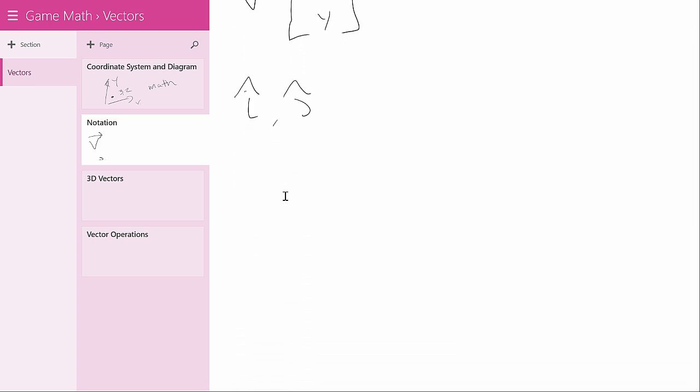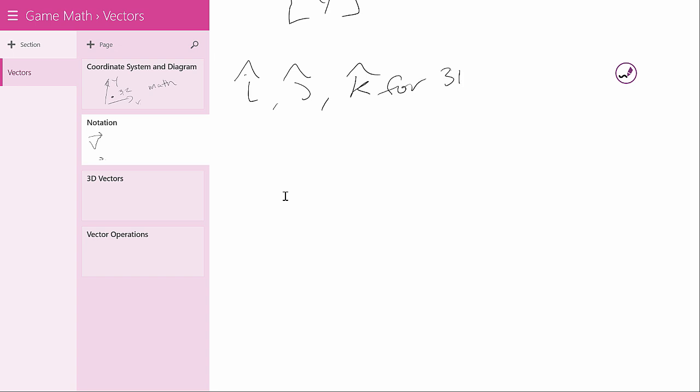For the unit vectors, the z component is k with a caret for 3D. So that's the three-dimensional component. That is, k is the unit vector for a 3D vector for z space.